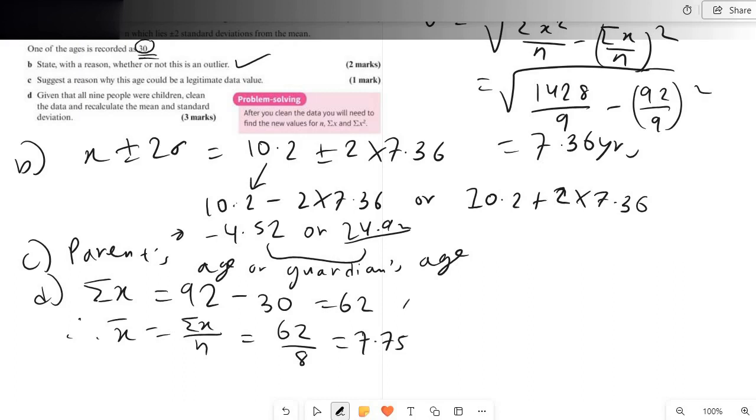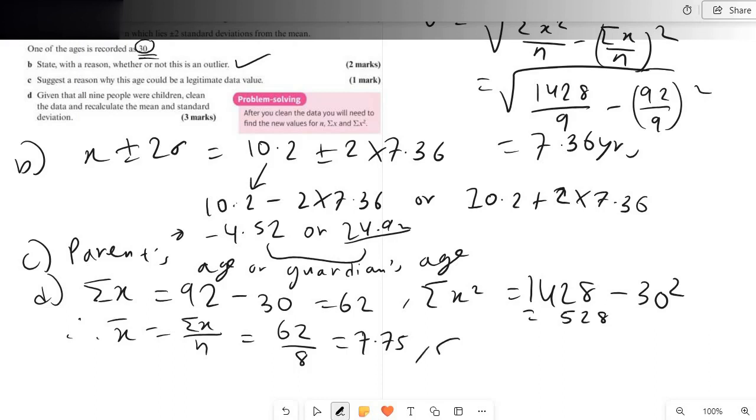Similarly, we can find the new summation of x squared, which is the summation of the ages squared, which is going to be 1428 minus 30 squared, because we're removing 30 here. Therefore, its corresponding square is going to be removed as well. So this gives us a value of 528.